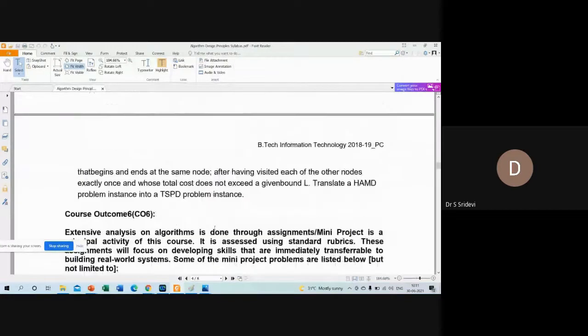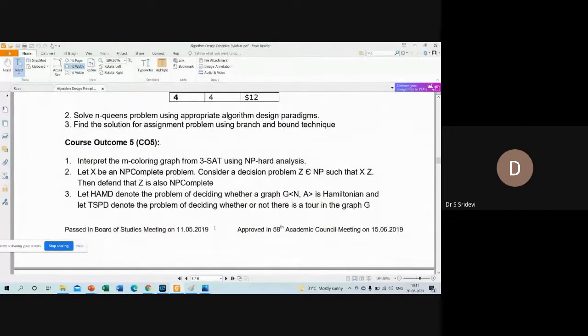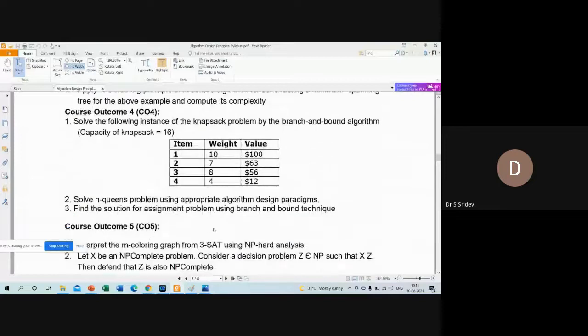Before that, let's discuss CO4. See, CO4, this problem you can solve: solve the following instance of the knapsack problem by using the branch and bound algorithm. You just apply the concept that I have discussed in today's class.